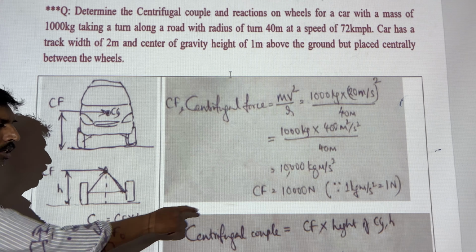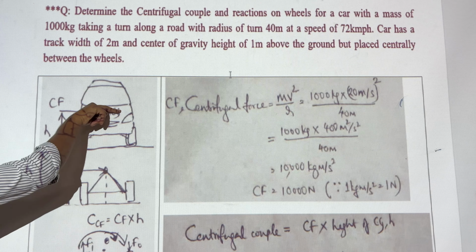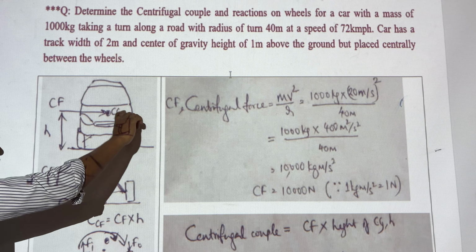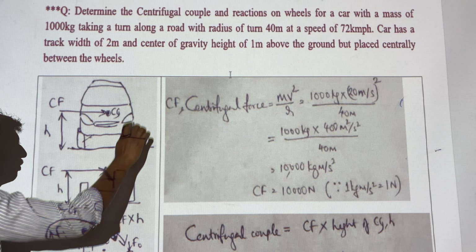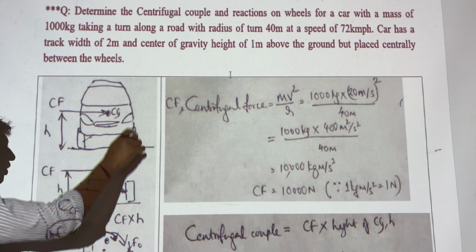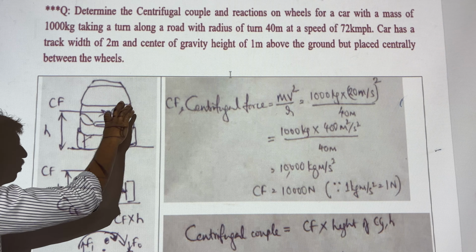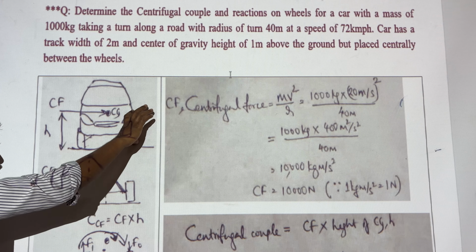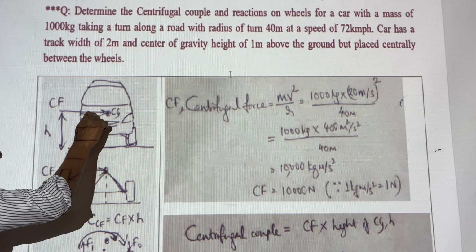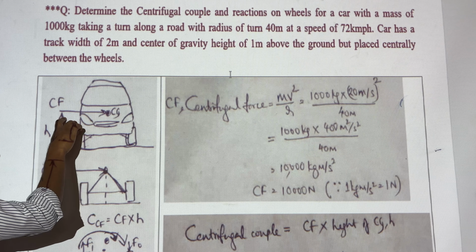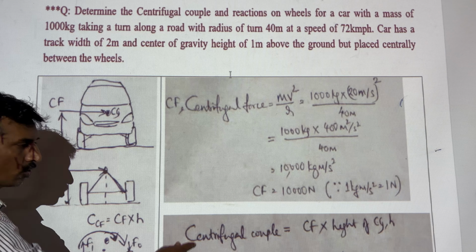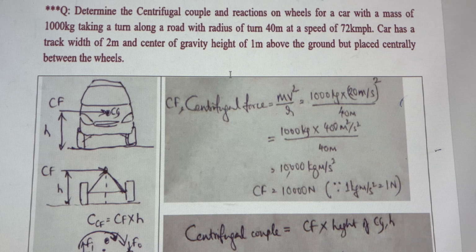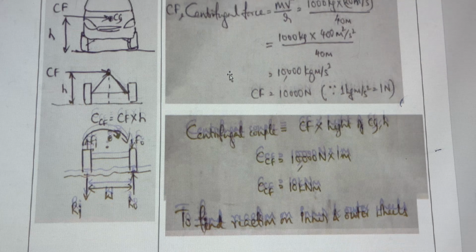Once you have this force, it will try to create a couple about this wheel. It will try to topple like this, about this wheel. About this wheel, what is the perpendicular distance? The perpendicular distance is equal to this. So it is centrifugal force into h, which creates a couple like this.